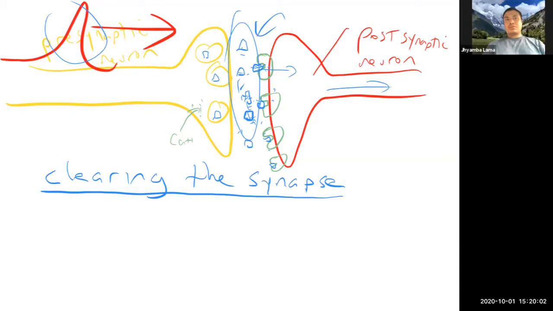Phosphodiesterase. So that happens inside the cell. It's the same basic idea. The phosphodiesterase was about stopping the signal in second messenger transduction. But that's happening inside the cell as part of the second messenger pathways. Here we're outside the cell and we're clearing the neurotransmitter that's in the cleft between the cells.